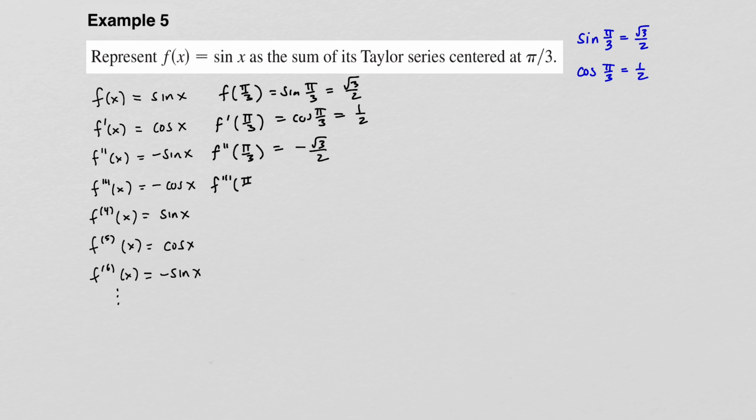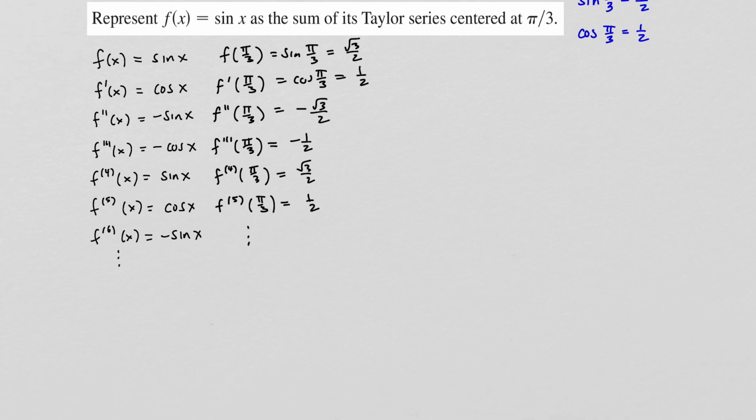Into the third derivative, we will get negative 1/2. Into the fourth derivative, we will get radical 3 over 2 again. Fifth derivative, 1/2, etc. Okay? So now, what is the Taylor series?